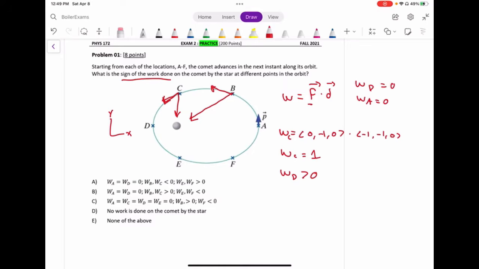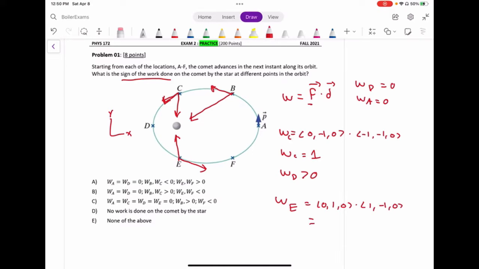So if the two vectors we're dotting are pointing in the same direction, you're going to get a positive work being done, as opposed to if they're pointing in the opposite direction, which is what we're going to have in E. So at E, gravity's that way, displacement is this way, and if we make some dummy vectors again, let's say our force is 0, 1, 0, displacement's going to be 1 to the right, and it's going down, something like that.